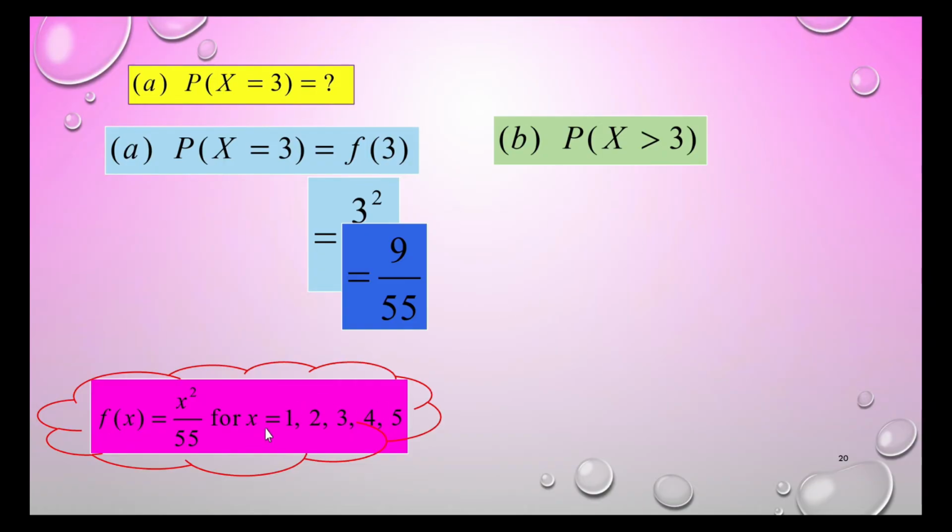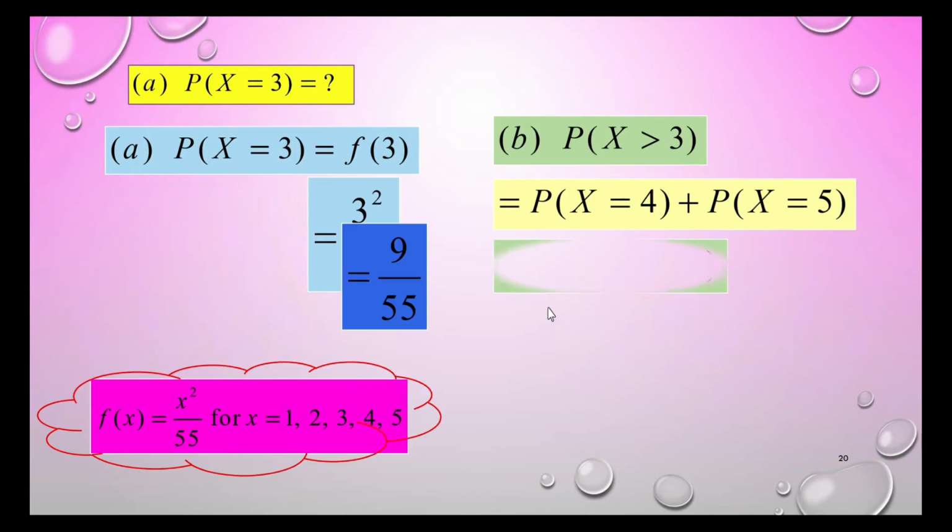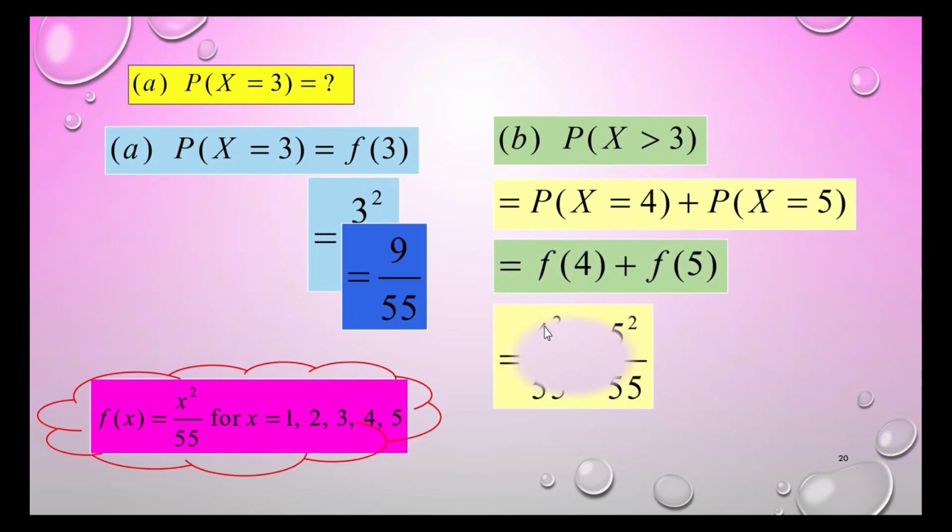The value of x is 1, 2, 3, 4, and 5 only. So, P(X > 3) is P(X = 4) plus P(X = 5) only. So, we substitute x equals 4 and x equals 5 into the given function, and we get the answer 41 over 55.